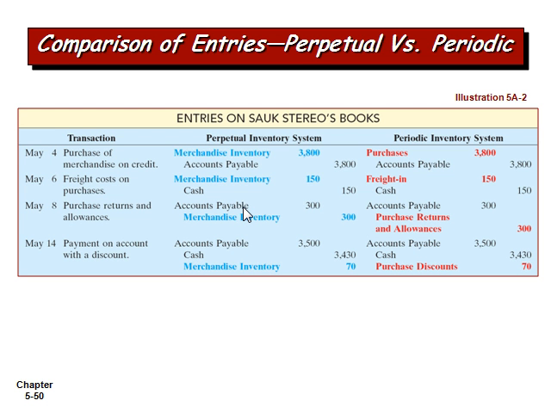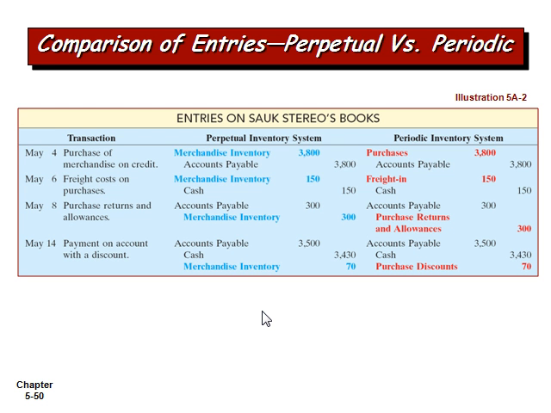So here's a comparison of the entries on Sock Stereo's books, comparing a perpetual to a periodic inventory system. On May 4th, the perpetual inventory system debits merchandise inventory. In fact, everything in that column impacts merchandise inventory, because we're keeping track of it on an ongoing basis.